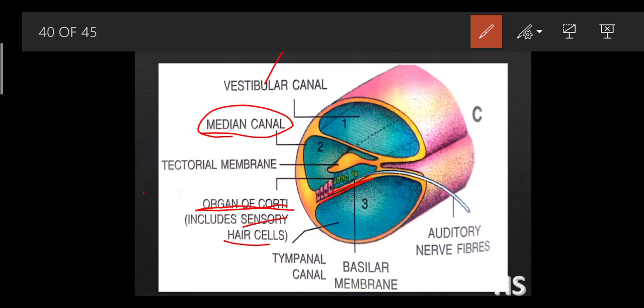It helps to collect the sound and directly transmit that auditory message to your brain without passing through this organ of Corti. Because as the number of hair cells is less, it becomes very difficult for the sound to get through.